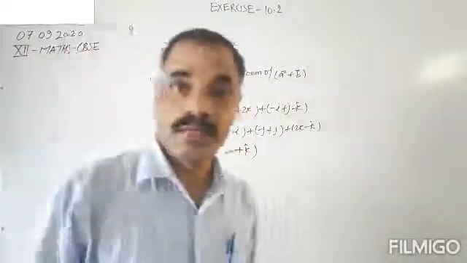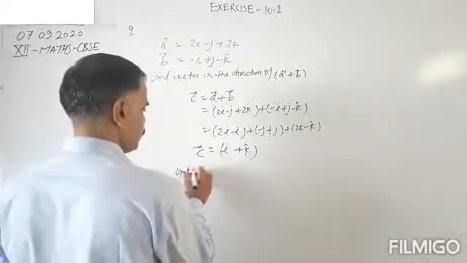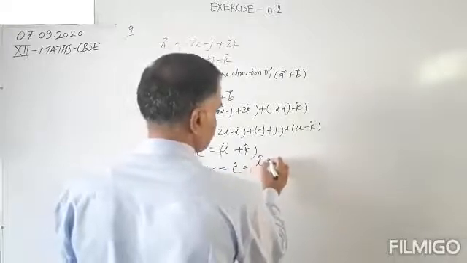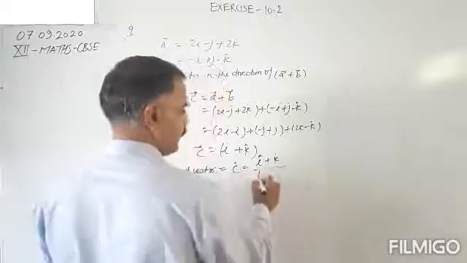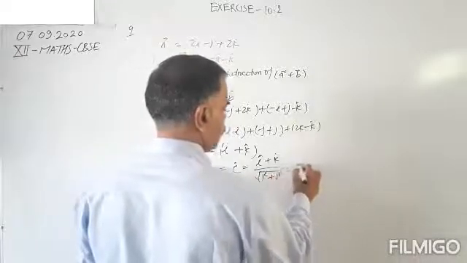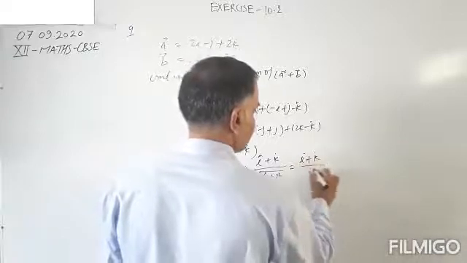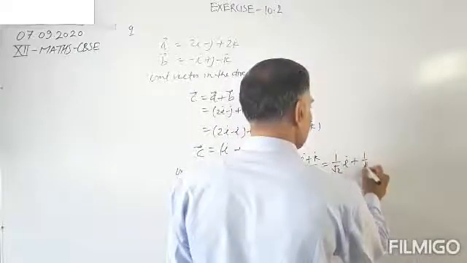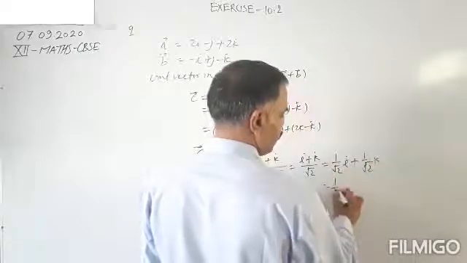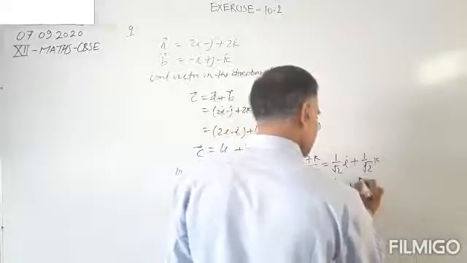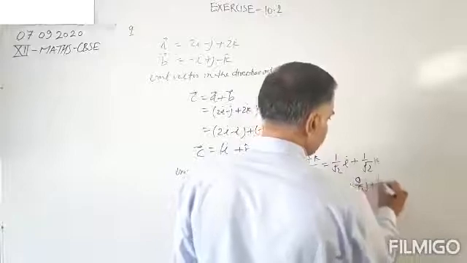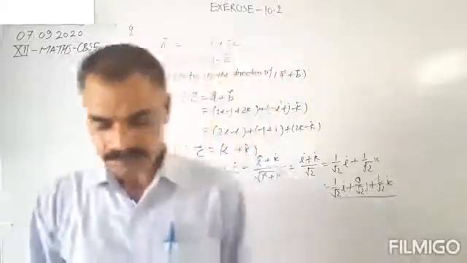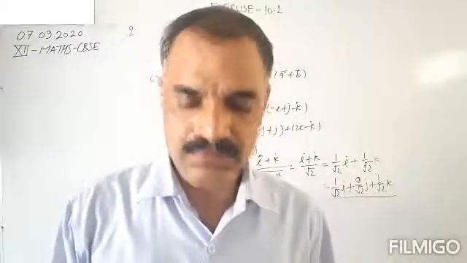Now its unit vector c cap is equal to i cap plus k cap divided by its magnitude, that is 1 square plus 1 square under root, equal to i cap plus k cap divided by under root 2. Okay, 1 upon under root 2 i cap plus 1 upon under root 2 k cap, or can be written as 1 upon under root 2 i cap plus 0 upon under root 2 j cap plus 1 upon under root 2 k cap in 3-dimensional vector. Okay, so this was question number 9.